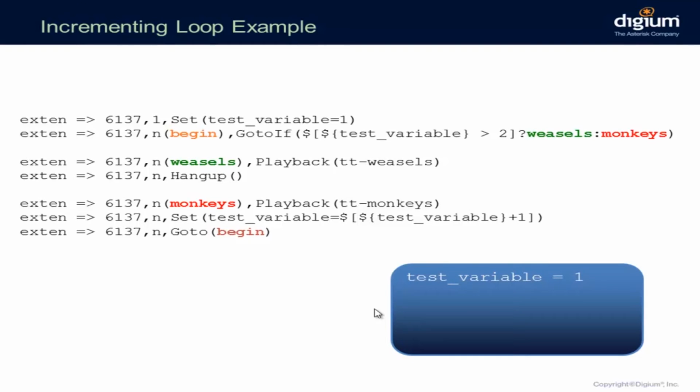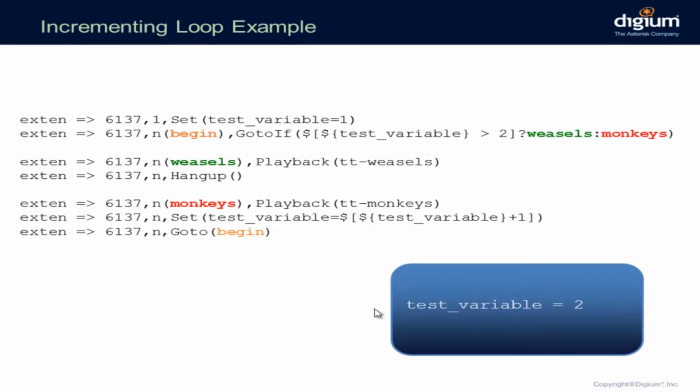So let's see this. So we have, this is an IVR. Well, this is not really. This is an incremental loop example. So we set the test variable equal 1. GotoIf: is the variable greater than 2? No. So it goes where? Monkeys. TT monkeys. Test variable equals the value of test variable plus 1. So now it's 2.